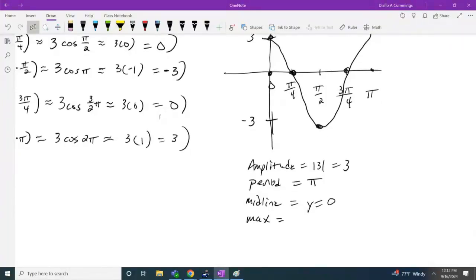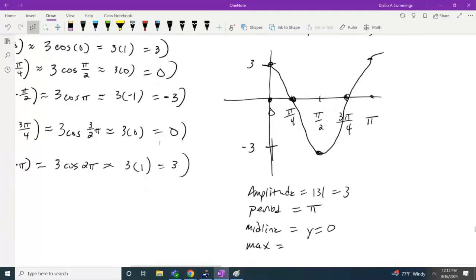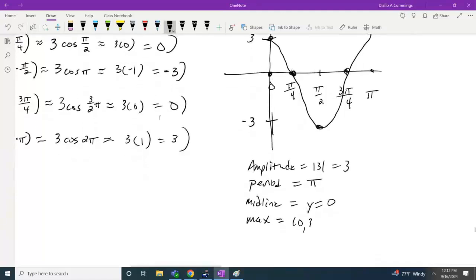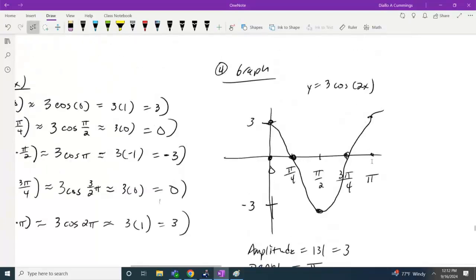The max. So this is one thing I noticed about the maximum point. They will usually give, so notice there are 2 maxes. There's one here and there's one over here. Normally they're going to give the maximum as that first maximum point, which should be 0, comma 3. Technically if you put pi, comma 3, they're both maximums.